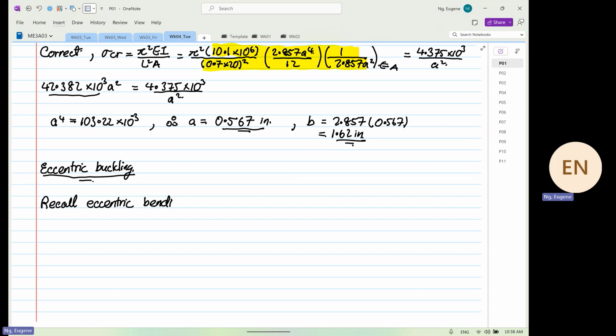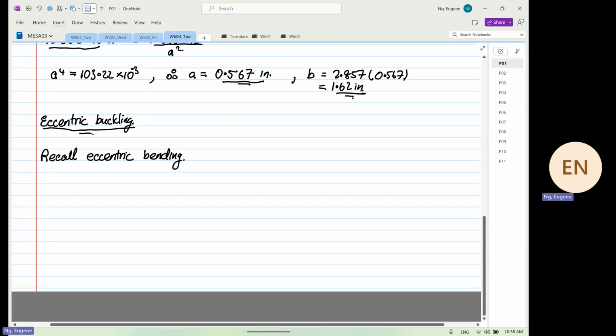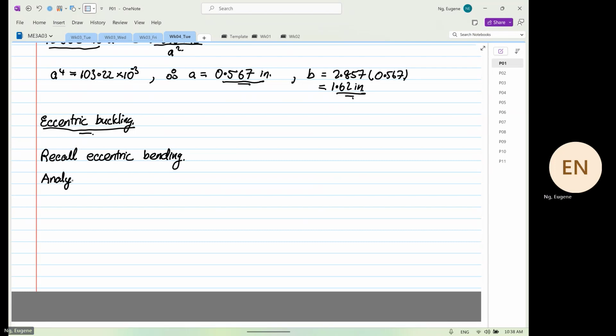So you all did this in 2P, right? So in 2P, what do you do? So we are going to analyze a non-buckling structure now. Just to quickly recall, eccentric bending.